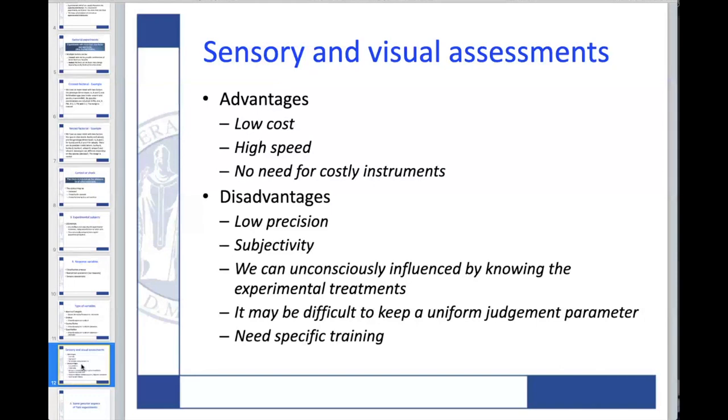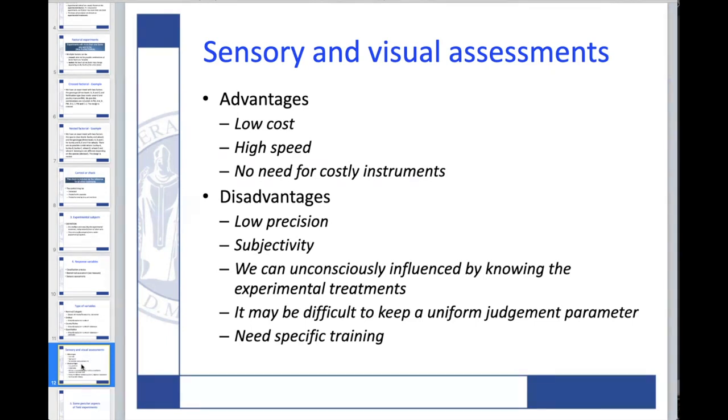That happens. I have to score a field plot which was treated by a herbicide, which I know. I think I know how it should behave. And when I go and score the plot, I am influenced by the fact that I know how it should behave.